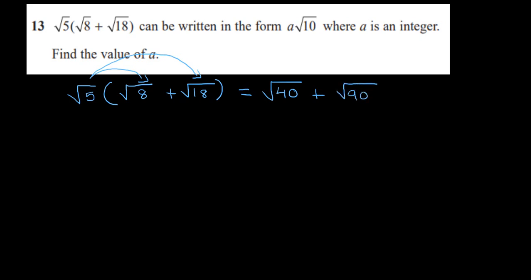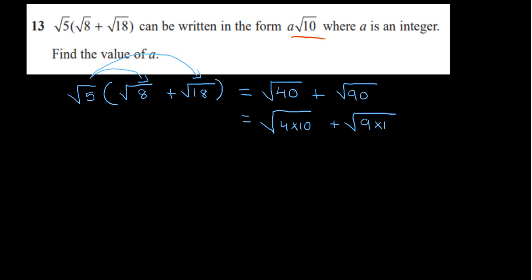Okay, now it wants this in the form a root 10. So I need to write these as multiples of 10. So 4 times 10 is 40 and 9 times 10 is 90.